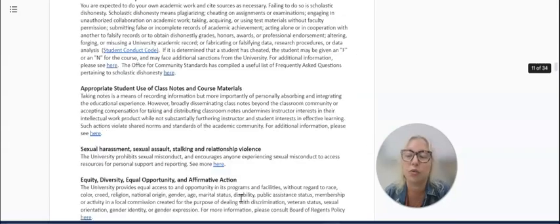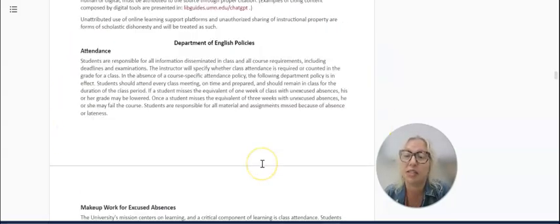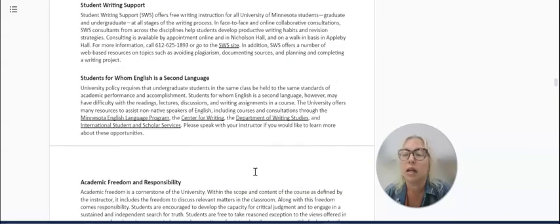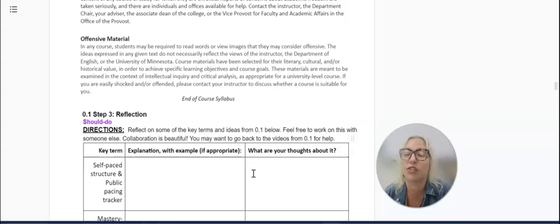So do read through this. Just know that you don't have to memorize it all. Pay particular attention to the policy on ChatGPT, and then you can move on to the reflection, which is a should do. And I hope you work on it with somebody else, because collaboration is what? It's beautiful. Thanks, guys.